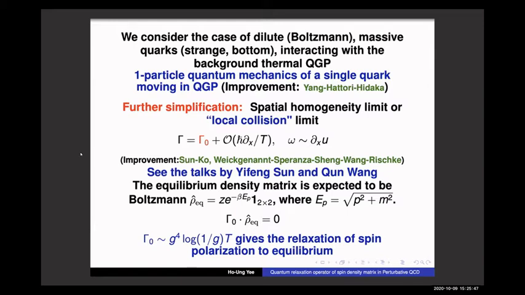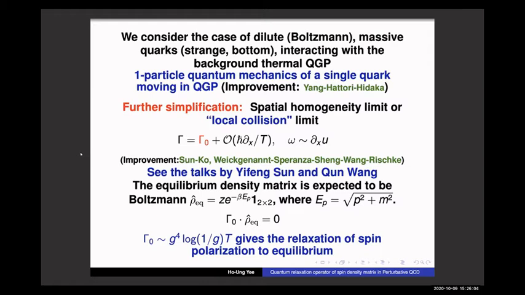So essentially, what we are computing is a classical collision term, which is called the local collision term.